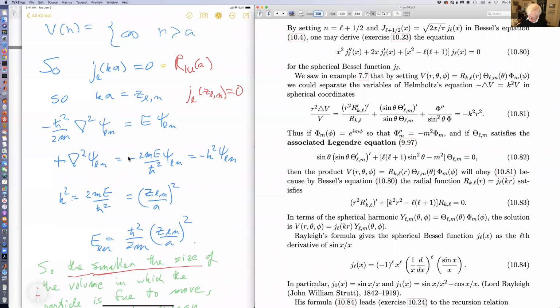That's this equation here that tells us what the values of k are, and these, in fact, we could call k_ln. So the energy E_ln then is h bar squared over 2m times z_ln over a, squared.